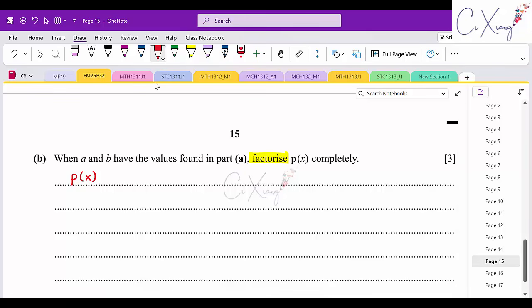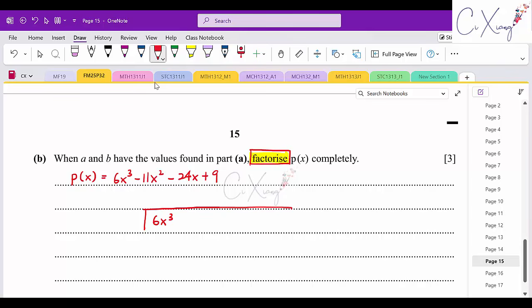So I need to write out my polynomial first: 6x power 3, the a is negative 11, and the b is negative 24, then plus 9. When they talk about factorize, I need a factor to help me factorize the polynomial completely. According to part A, I know that my factor is x minus 3.